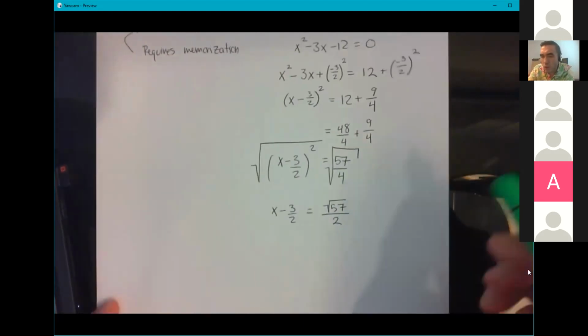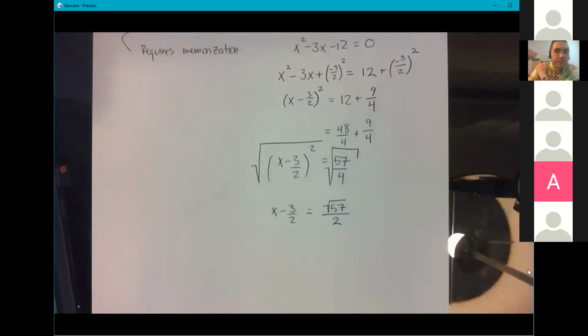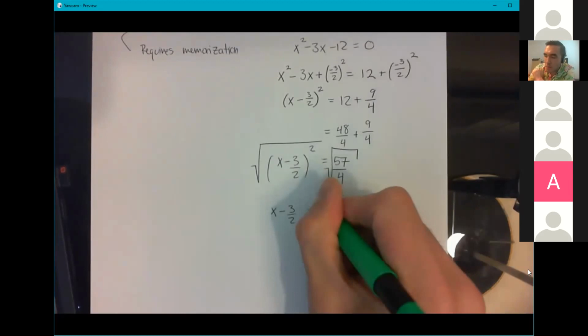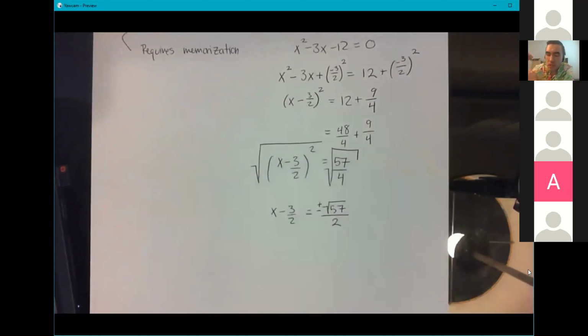And what's the square root of 81? 9. That's only half the answer. What's the other square root of 81? Negative 9. Keep in mind, when you take the square root of a real number, you have to get a plus and a minus. So the square root of 57 is actually plus or minus root 57, yeah?